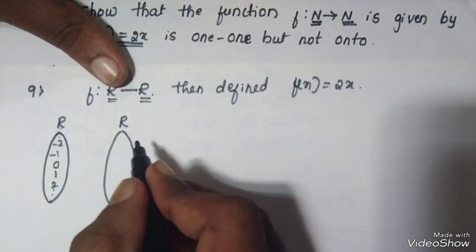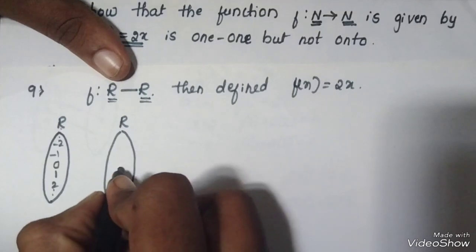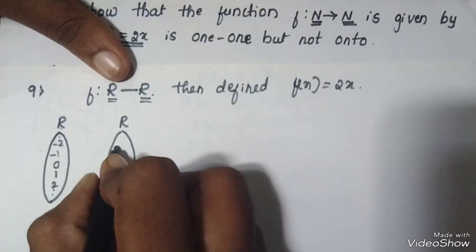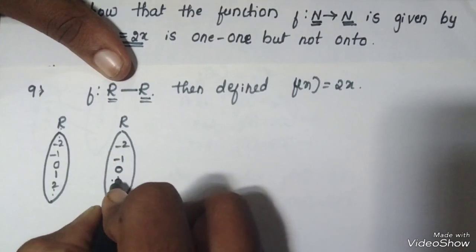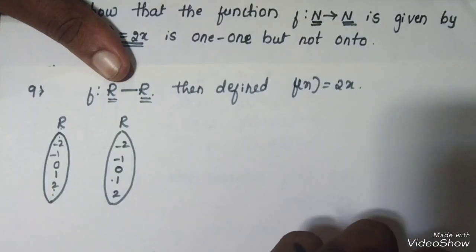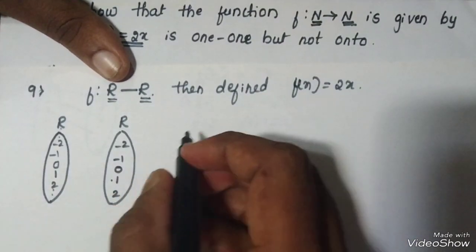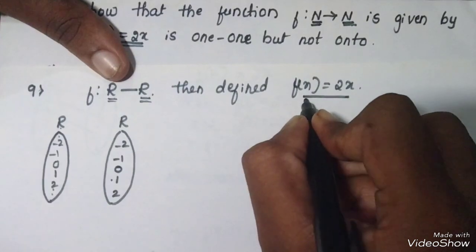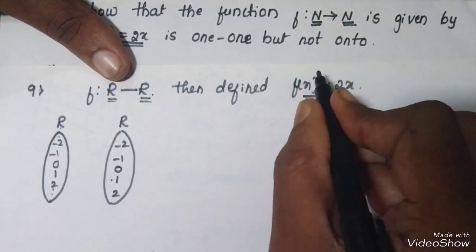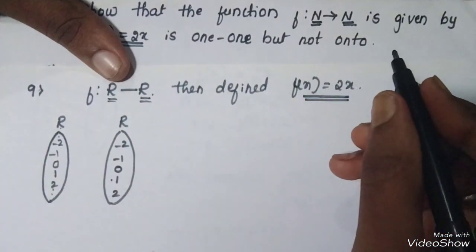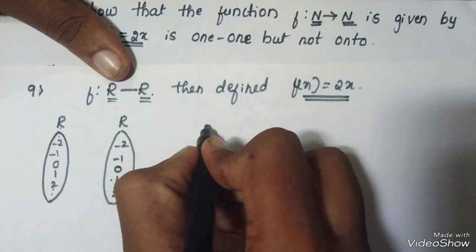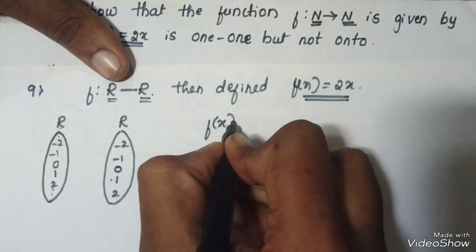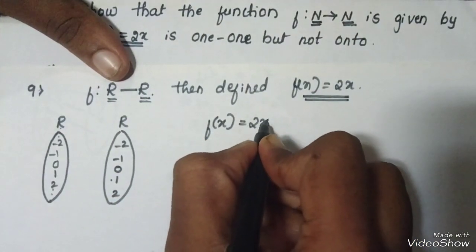Similarly, the codomain is also real valued: -1, -2, 1 and 2. Here consider the function, with the condition f of x is equal to 2x.